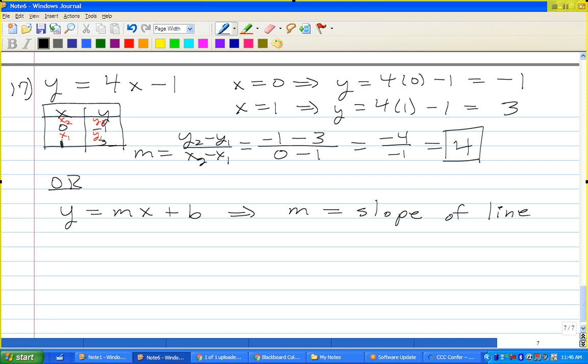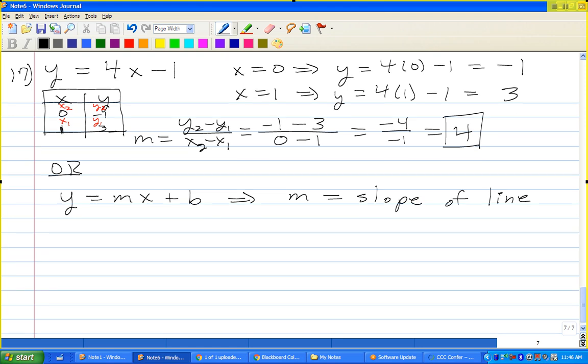B is called the y-coordinate of the y-intercept, but that's not what we want to figure out. So in this case, if y equals 4x minus 1, the number in front of x is 4. And you're done. I like this better because it's faster. So this is the technique I'm going to use.